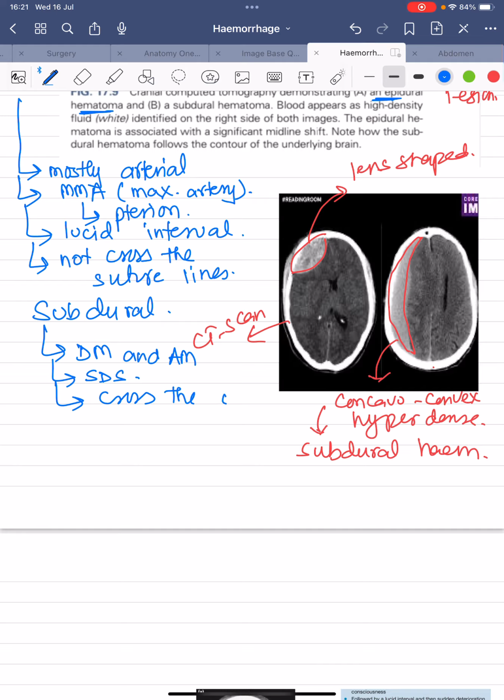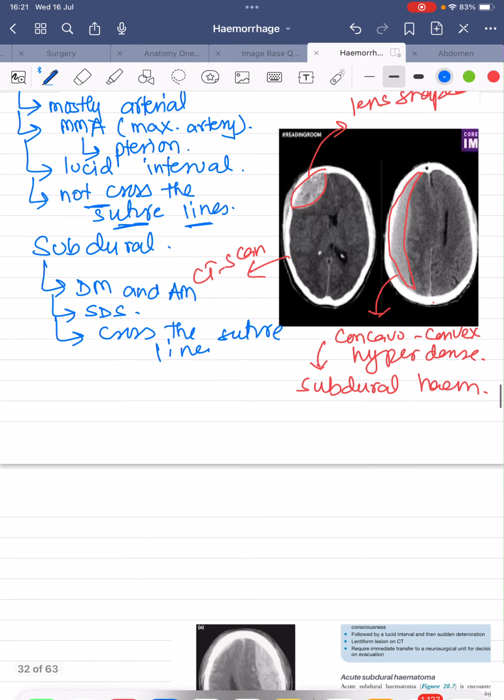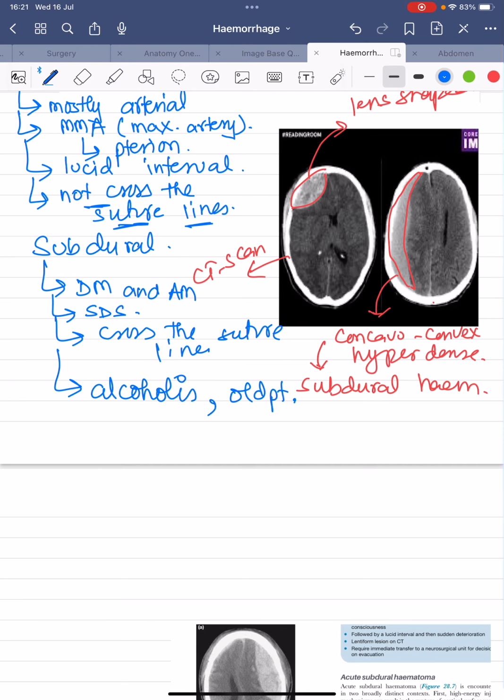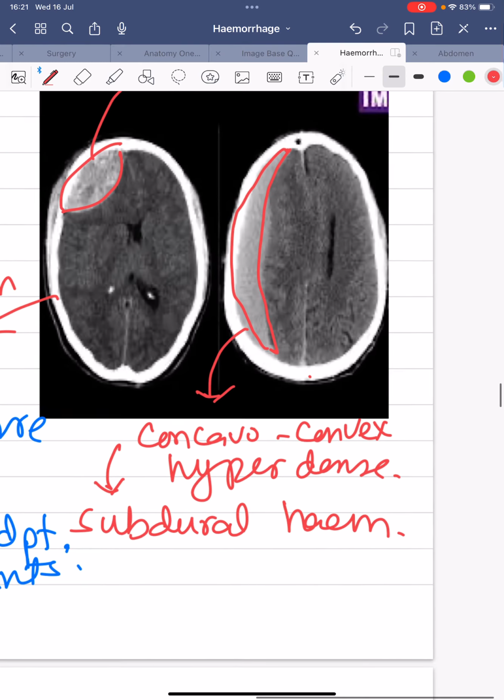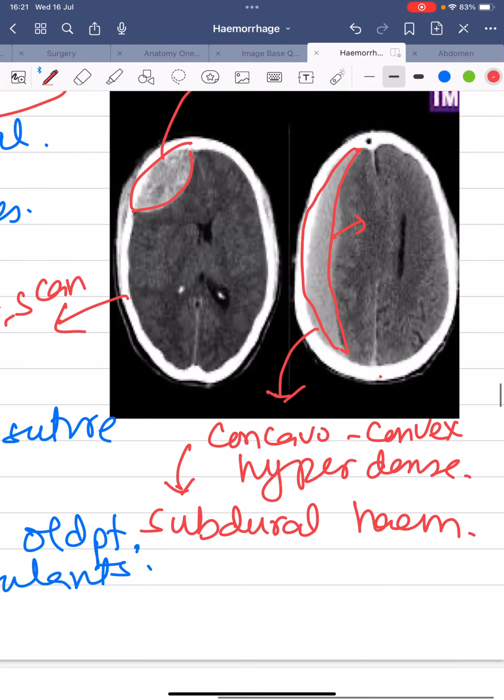See here, epidural hematoma, it is not crossing the suture line. It will cross the suture line. Mostly the patients are alcoholics, old patients, or patients who are on anticoagulants. Now see here, epidural hematoma, it is the middle meningeal artery. But in subdural hematoma, it is your cortical veins or bridging veins.